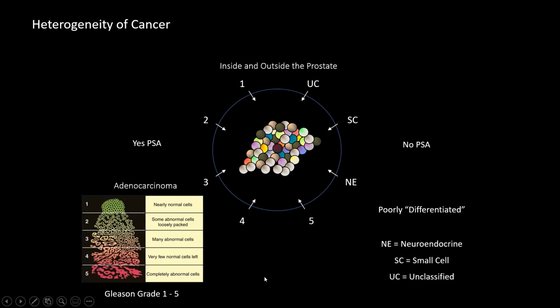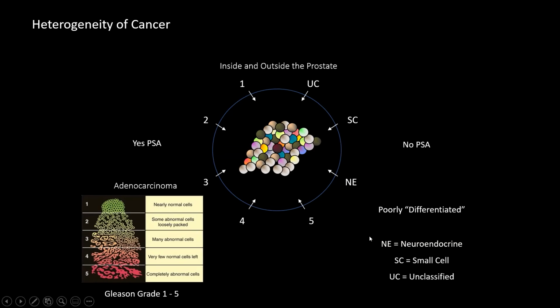If you don't believe me, just look at a Gleason scoring system. It basically is the realization of heterogeneity of cancer. You have Gleason 1 through 5, you have 4 plus 3, you have 5 plus 2, whatever. Everything about prostate cancer says heterogeneity.